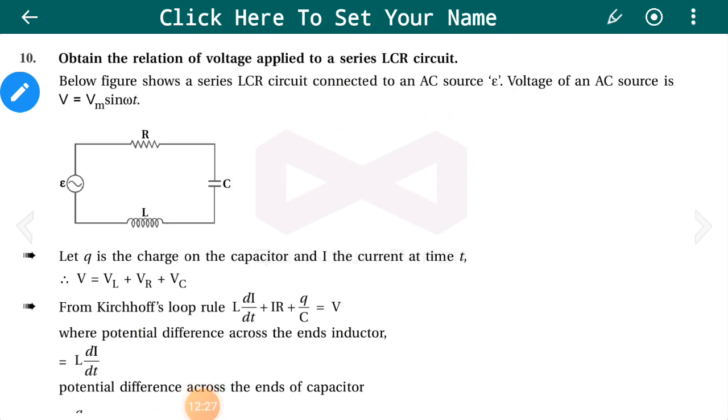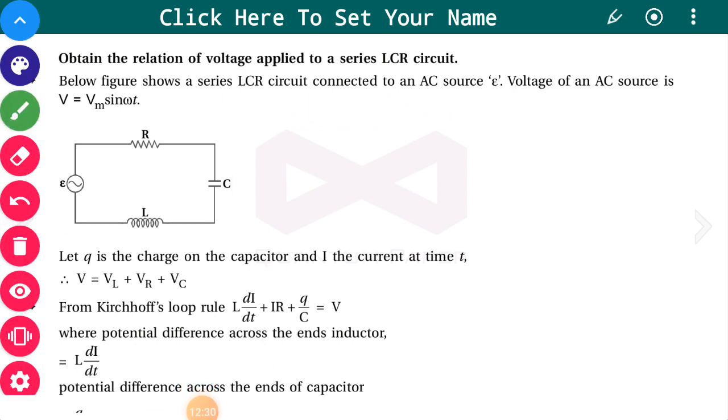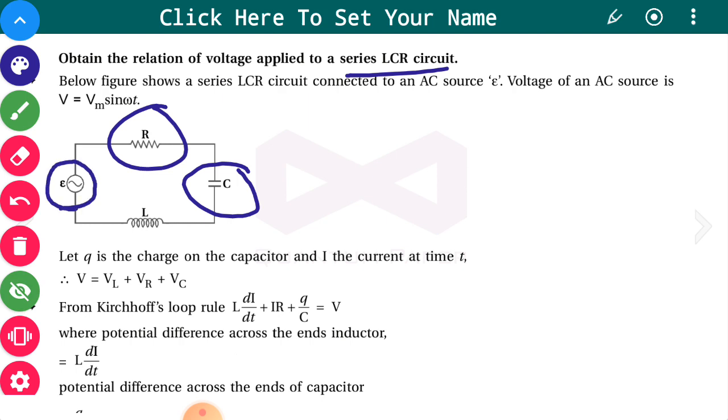Now we shall have the LCR circuit, a very important topic of this chapter. In an LCR circuit there are 3 components: L, the inductor, C, the capacitor, and the resistor, joined in series. The total AC voltage applied is divided into 3 parts, because in series the voltage is divided.